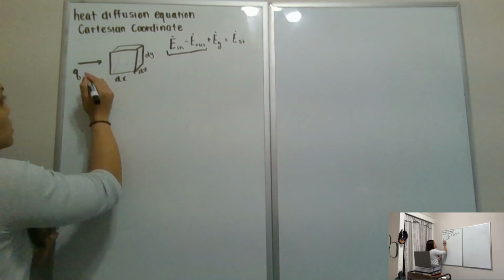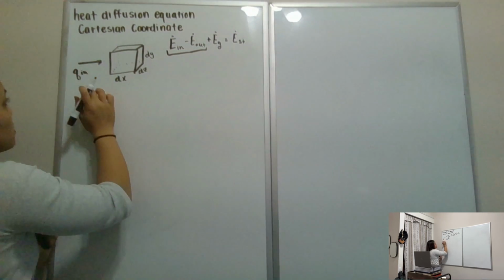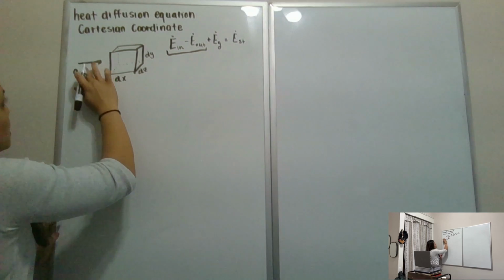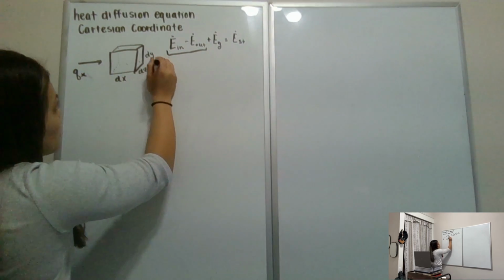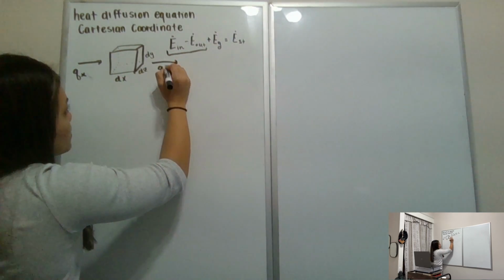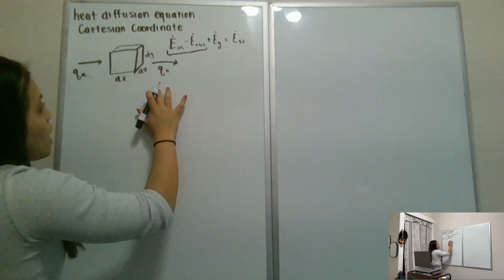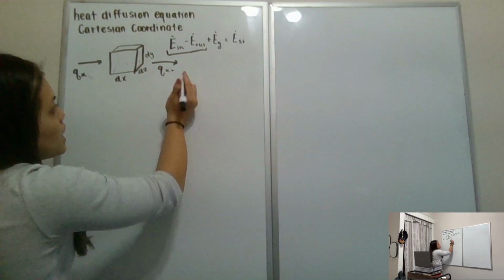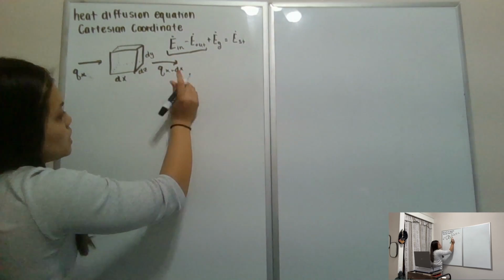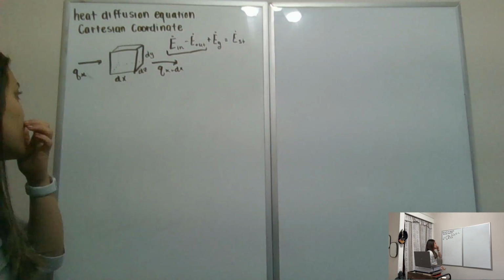If we focus first just on the x direction, we have heat flow going in the x direction, and then we have heat flow coming out in the x direction as well. The difference between the in and the out is that there is going to be a change in the x direction.